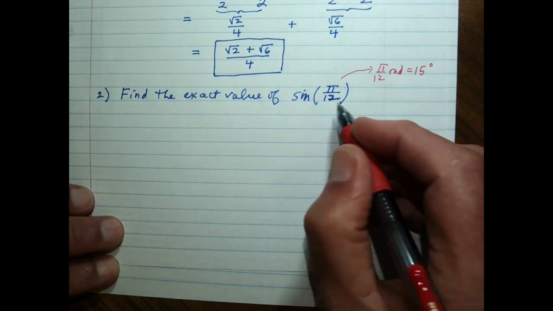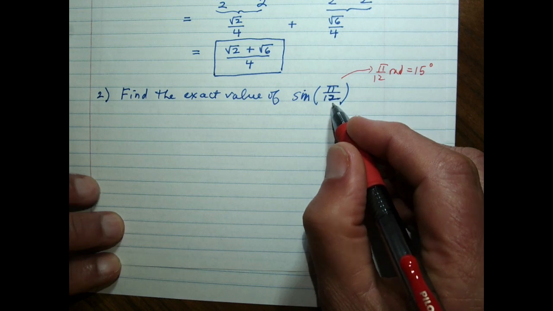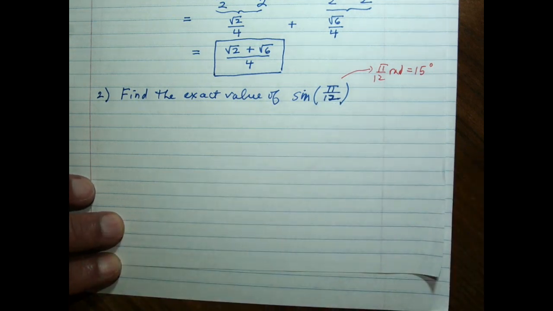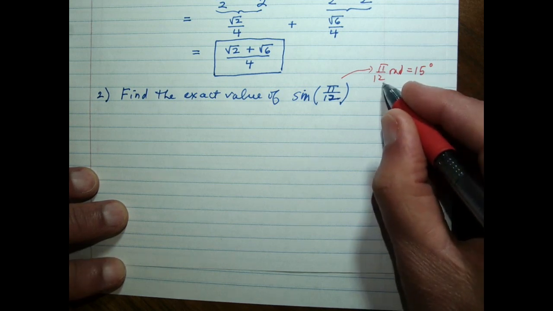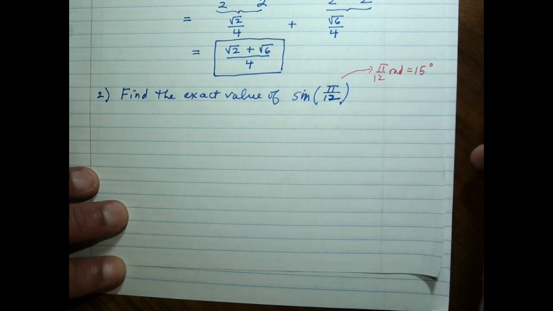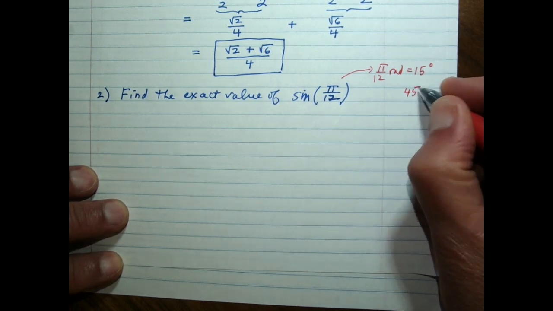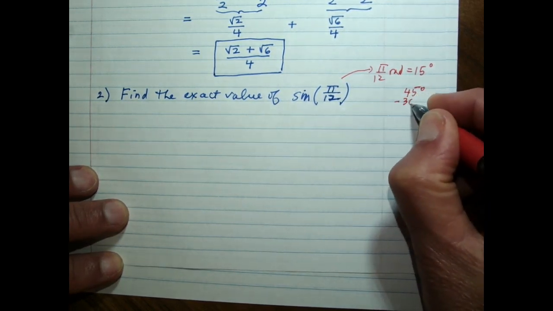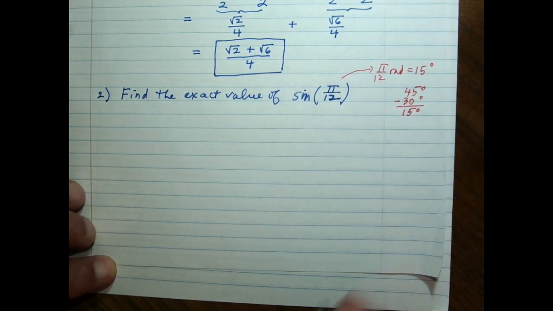We've seen how we get pi over 12s in some of our previous graphing situations. But here, if I notice that pi over 12 is 15 degrees, I could take 45 degrees minus 30 degrees to give 15 degrees, right?